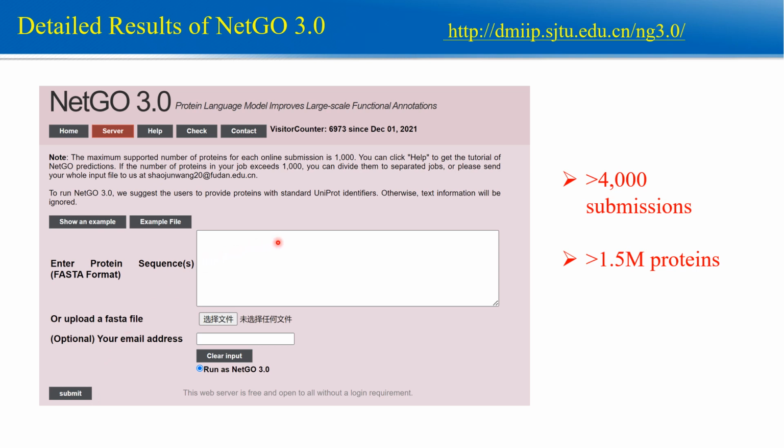Our new web server has received widespread attention. Our website has been up for 2.5 years, during which time over 4,000 people have submitted more than 1.5 million protein sequences on this site. Anyone interested in our work can enter this site to submit your protein sequences without registration and login.